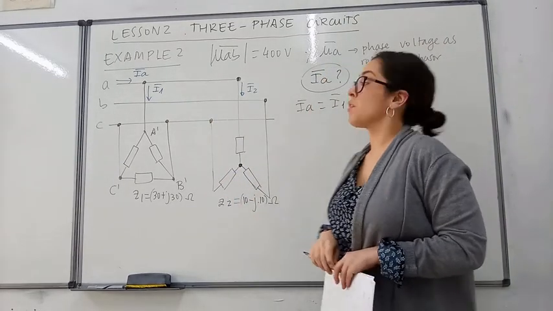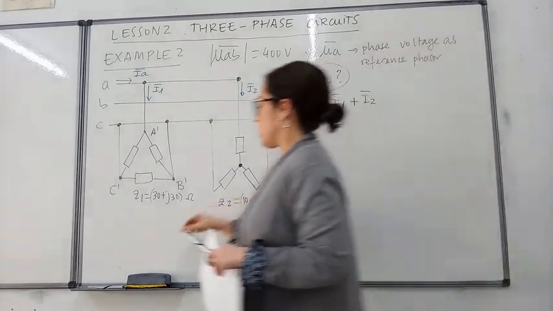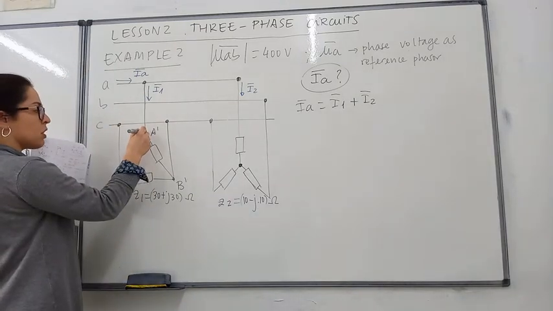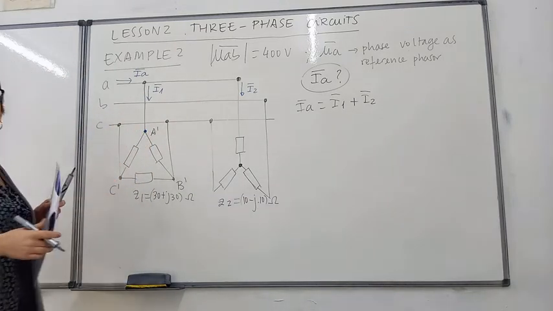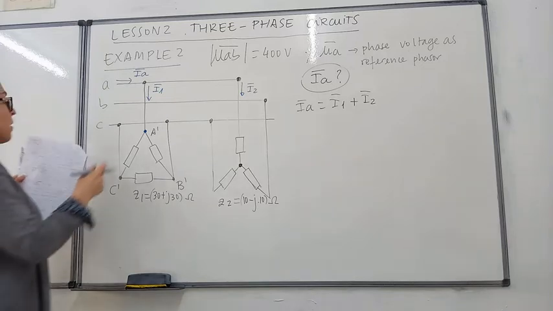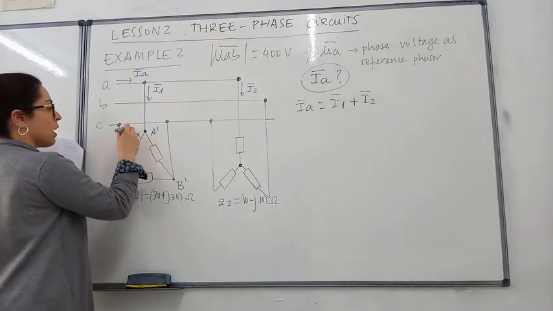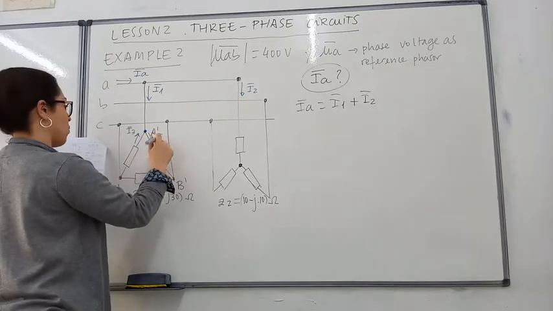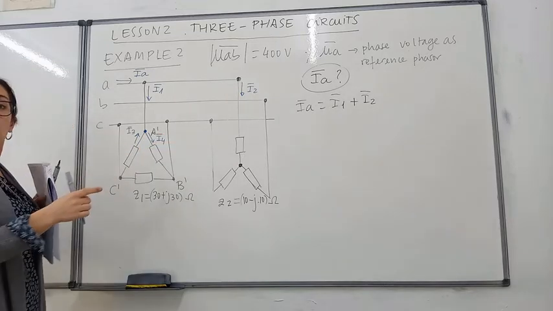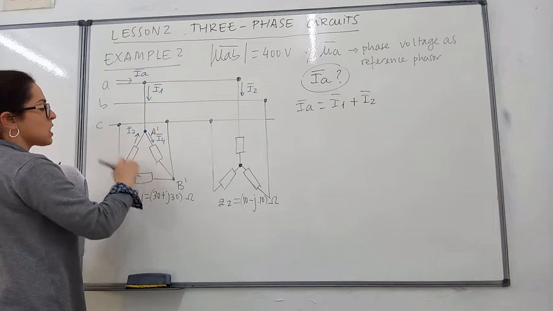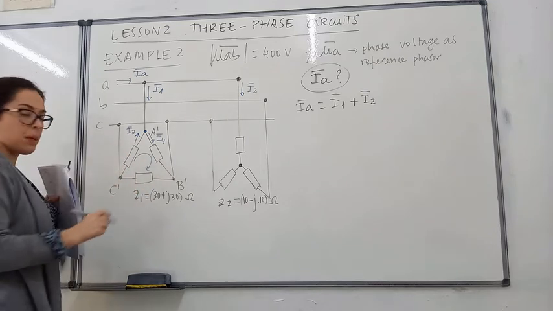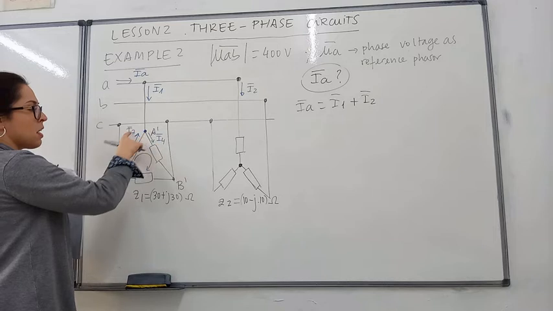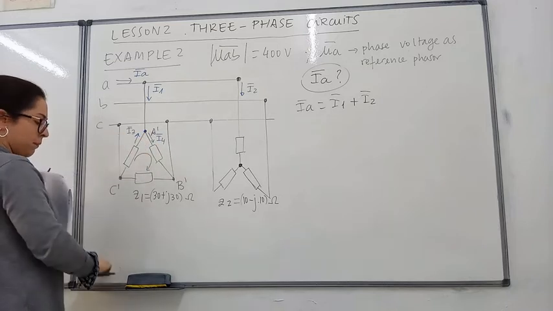Current 1 is not that simple, because here current 1 will arrive to this node, which is node A prime, and there we will also have current 3 and current 4. I have chosen an arbitrary sense for this triangle, which is this one. So I have given a particular sense to the currents in this node.